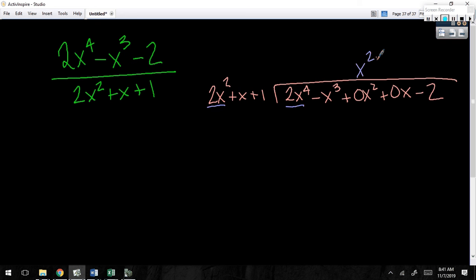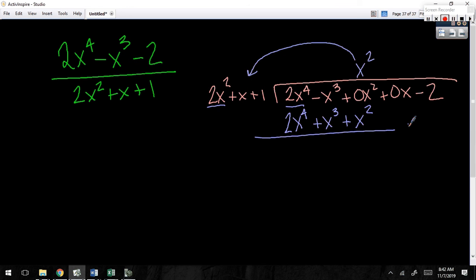All right, multiply across: 2x to the 4th, plus x cubed, plus x squared.